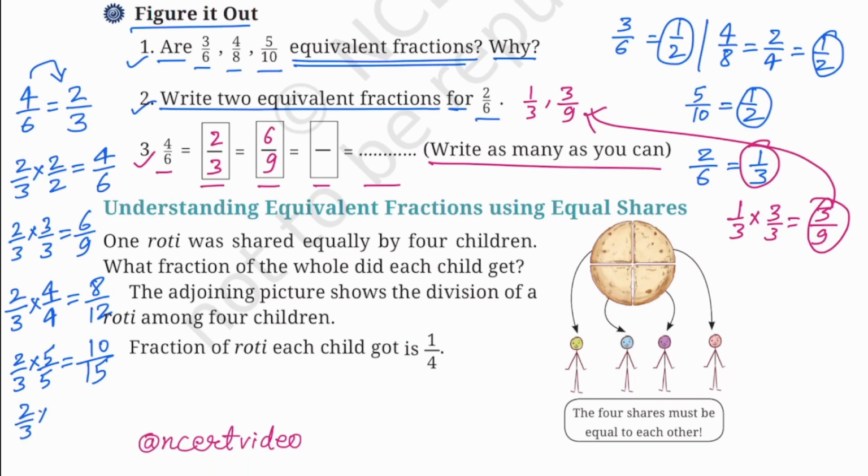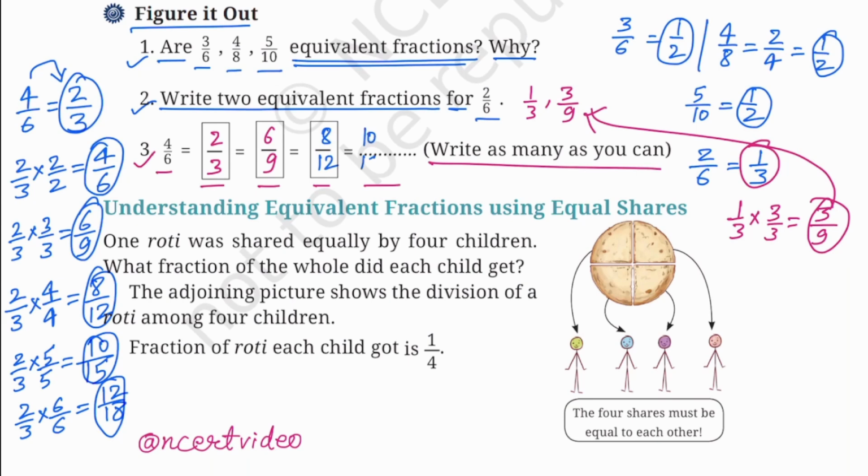Similarly, 2 upon 3 can be multiplied with 6 upon 6. You will get 12 upon 18. These numbers are equivalent fractions. You can write it here: 8 upon 12, 10 upon 15, 12 upon 18, and so on.